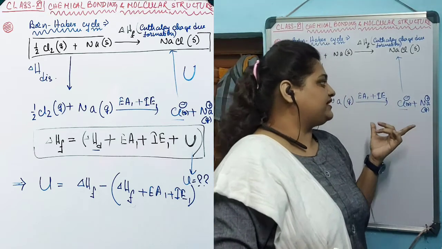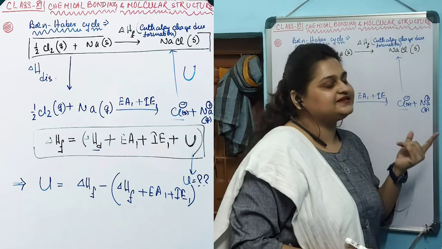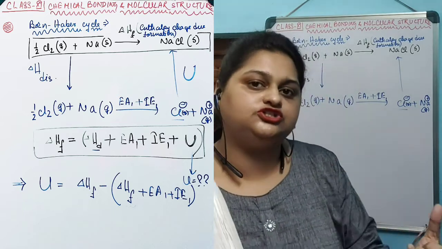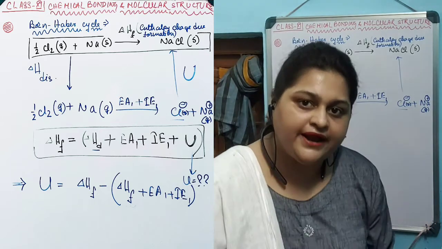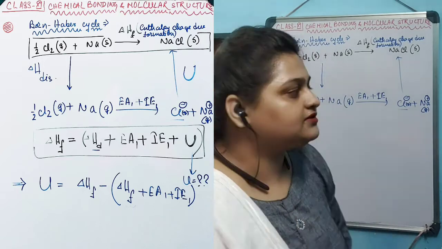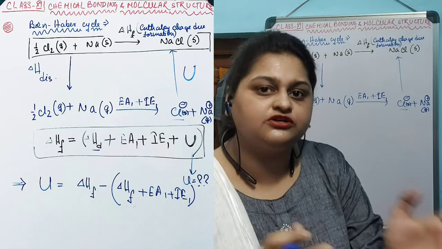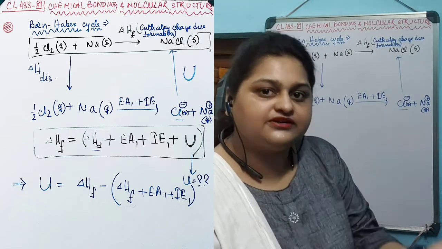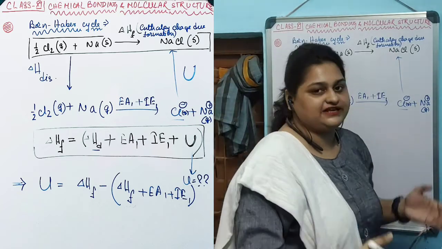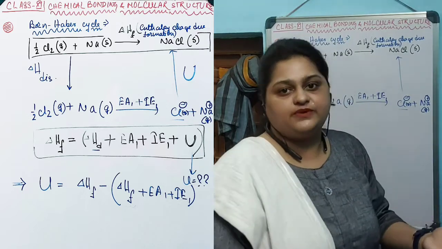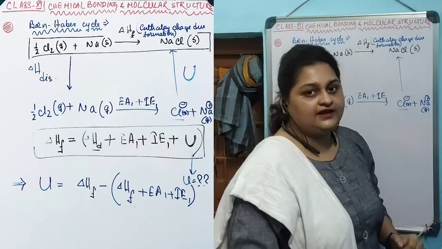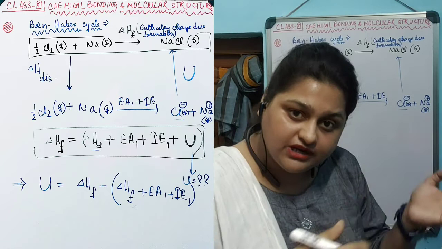What is happening here? Cl minus and sodium plus in gaseous state, two oppositely charged ions, are combining together and forming the crystal form of their salt. This is nothing but crystallization. As it is a crystallization step, after the formation of the crystal salt NaCl, lattice energy should be released.